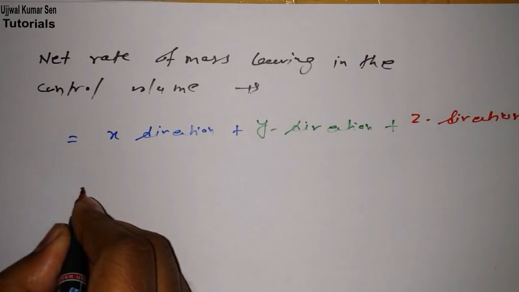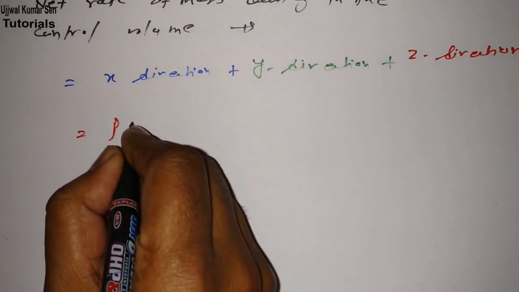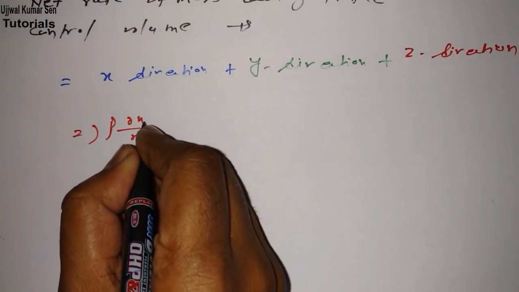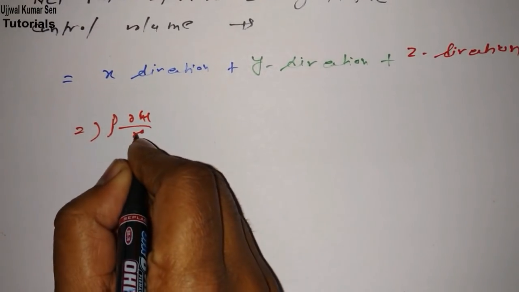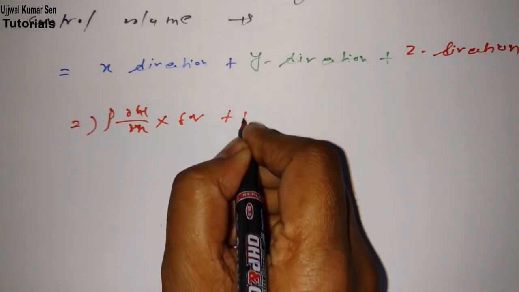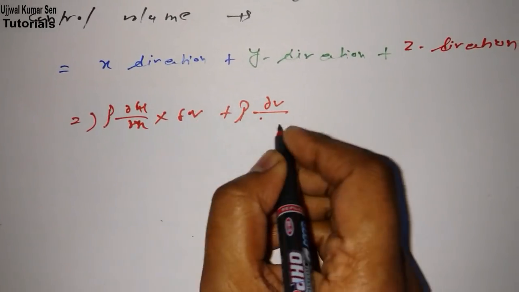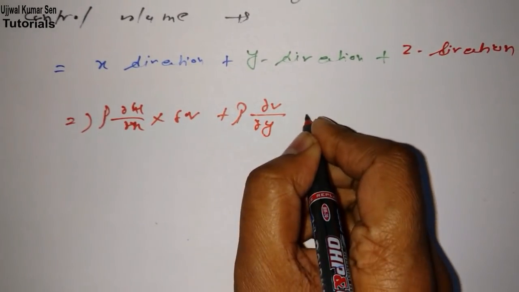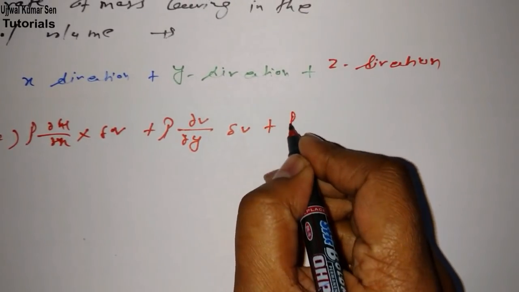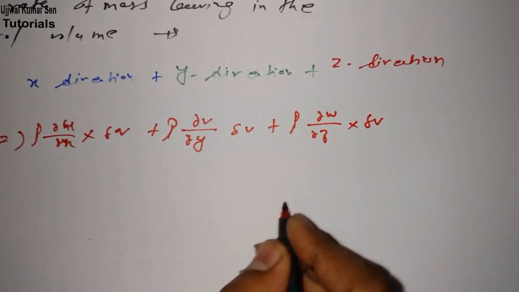We have to add all. So first of all we write rho curly u by curly x into del v, plus rho curly v by curly y del v, the volume basically, plus rho curly w by curly z multiplied by this.